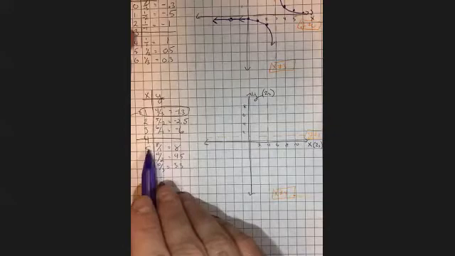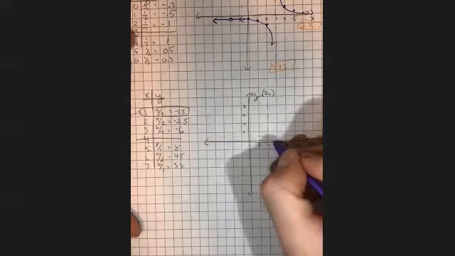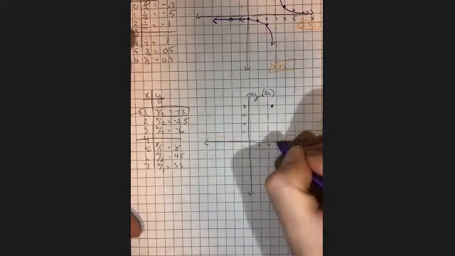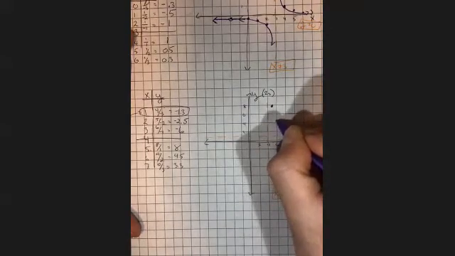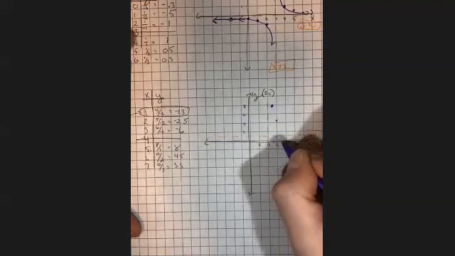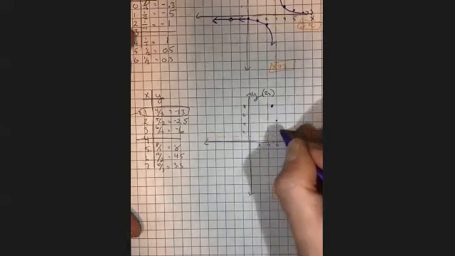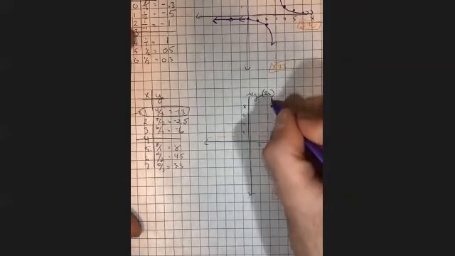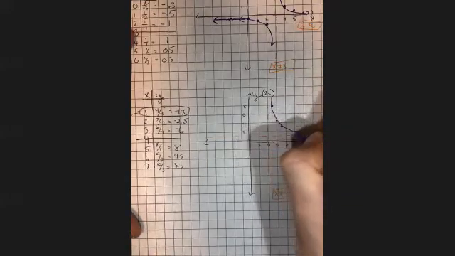If I start on the right-hand side, 5, 8, so 5, 8, 6, 4.5, and 7, we go up to 2, it's roughly right there. So now my graph is going to look something like this.